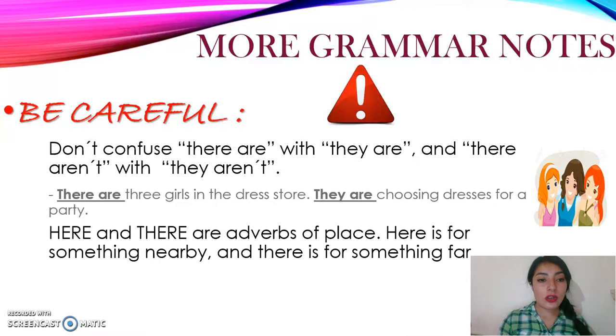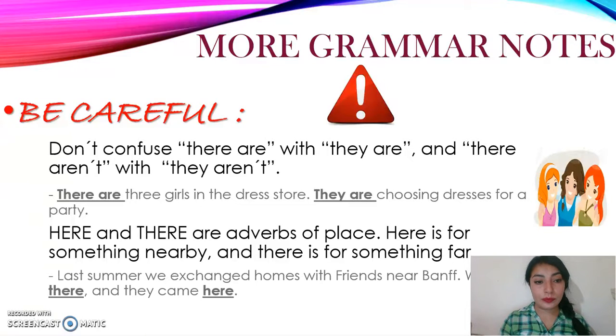Another grammar note is here and there. They are adverbs of place. Here is for something nearby, and there is for something far. An example is: last summer we changed homes with friends nearby. We went there, and they came here.